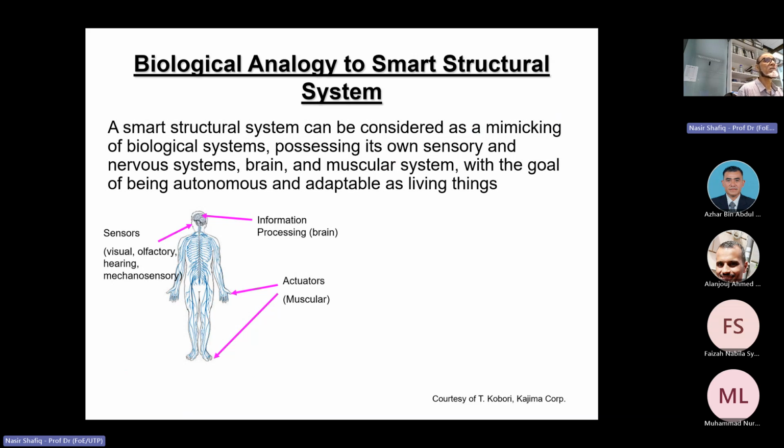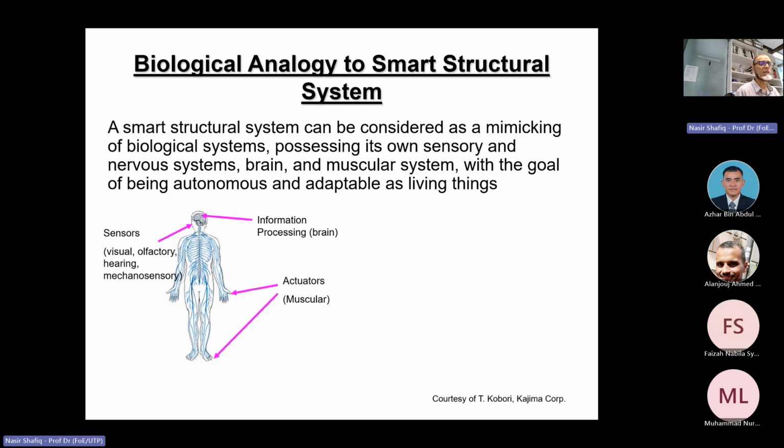Biological analogy to a smart structural system: information is in our brain, which processes, we sense through our veins, our sensing, feel, visual, hearing, like macro sensors, and the actuators, like our hands, fingers, muscles, right?